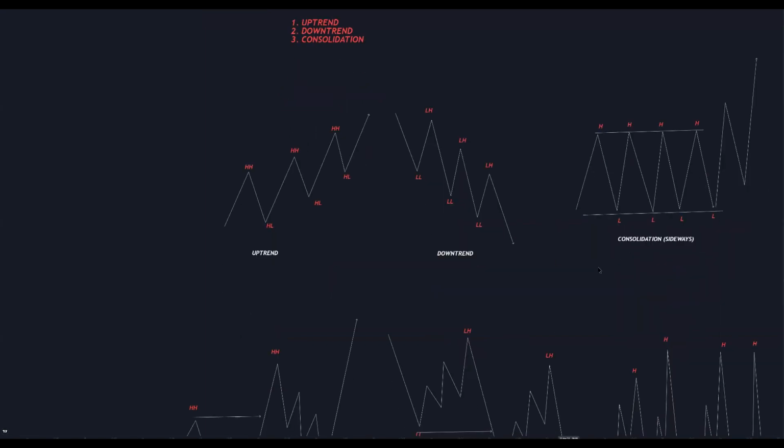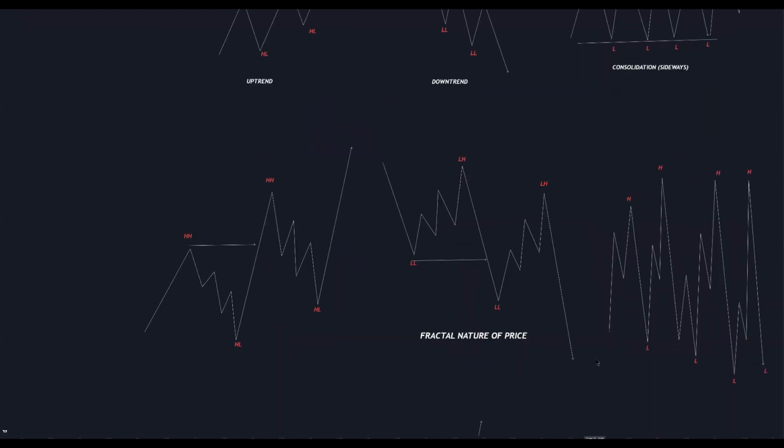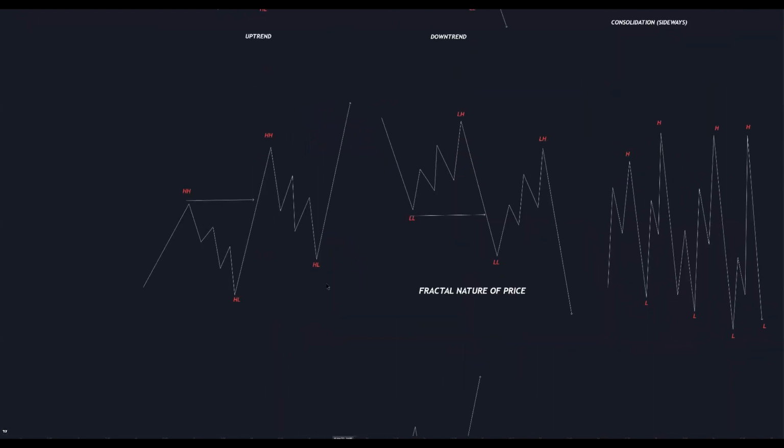Now we shall be moving on to the fractal nature of price. Price moves in a higher high and higher low formation for an uptrend market, but it's not always so. After price moves and you see your higher high, there's a phase called the consolidation phase.